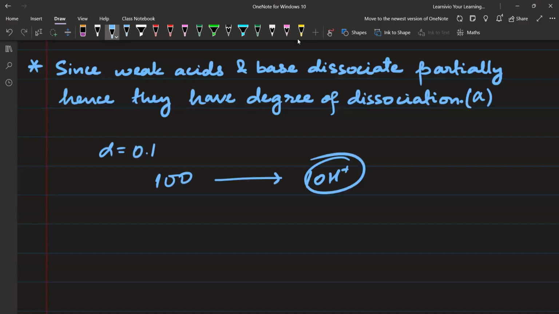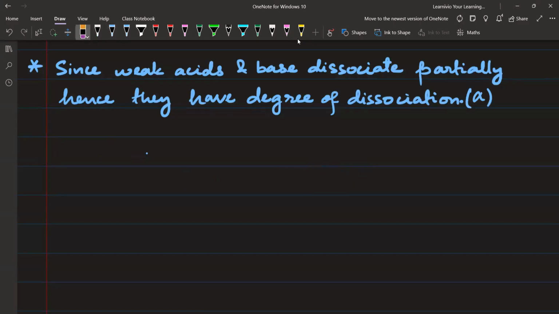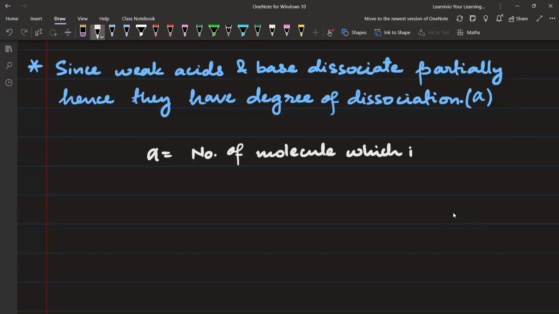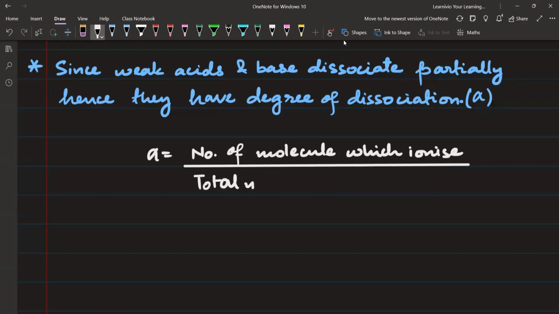If I talk about acids, degree of dissociation is equal to the number of molecules which ionize divided by the total number of molecules of electrolyte.